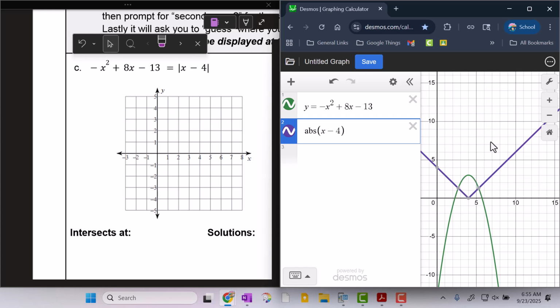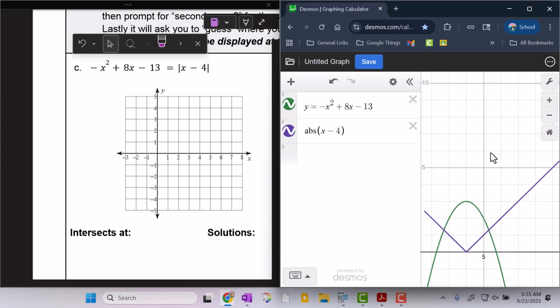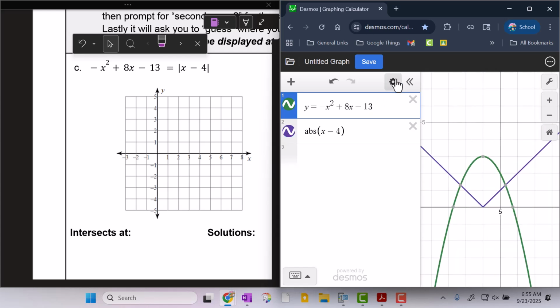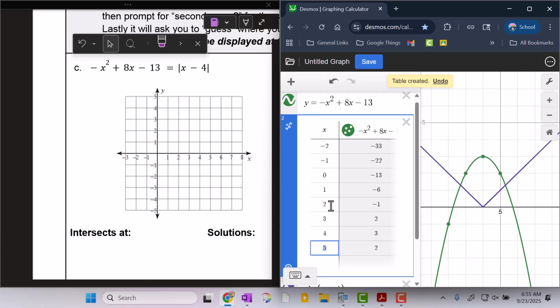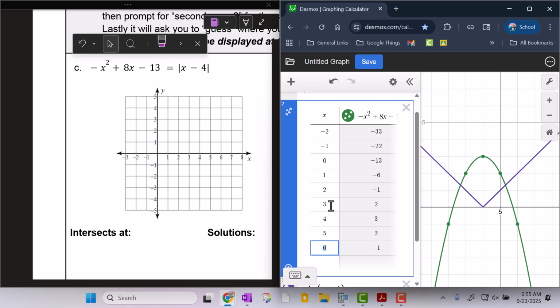Yeah, and these points are not nice. So let's graph our quadratic first. So we want the vertex, which is at 4, 3. And then we want 1 point on either side of it. And if we really want a good line, we can get the next point.